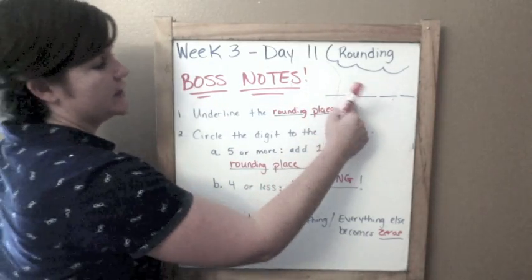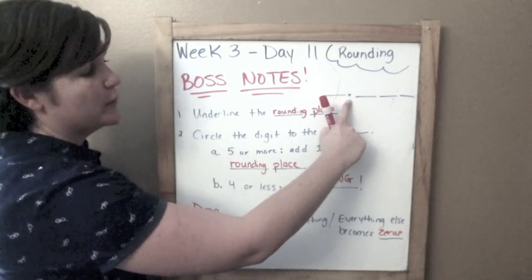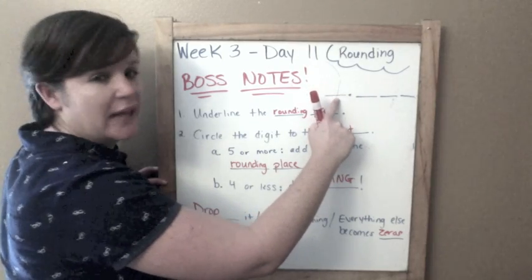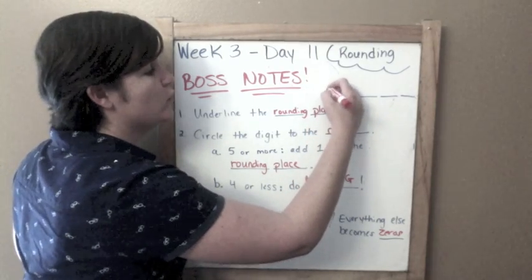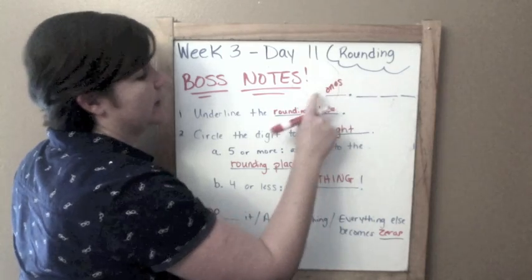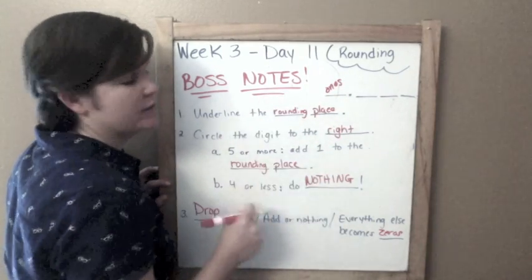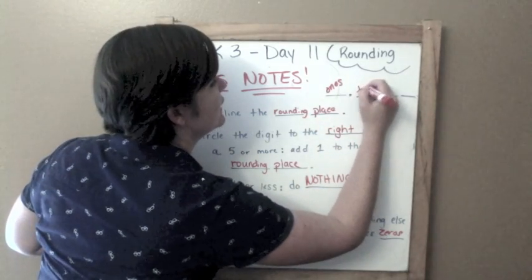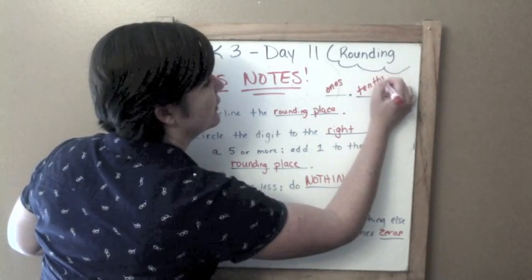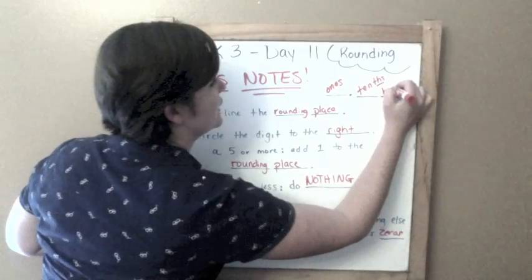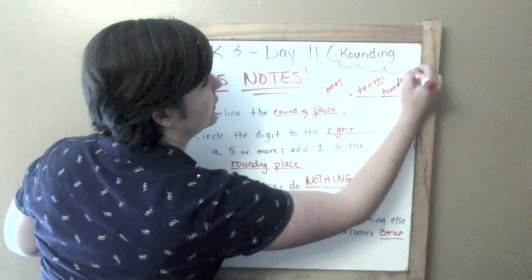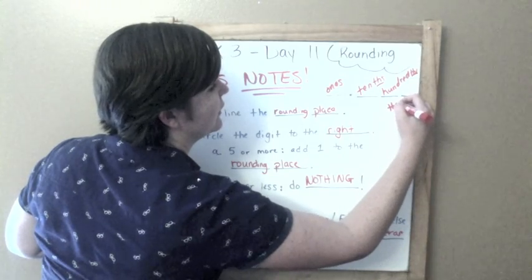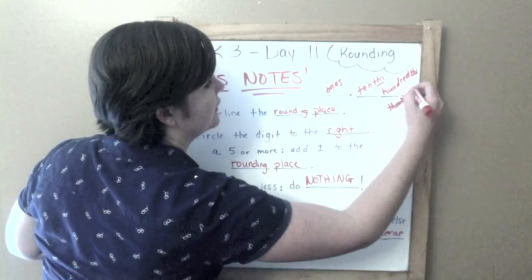So here is our decimal. You may have worked a little bit with decimals in 4th grade. The digit to the left of the decimal is the ones place. Then there would be the tens, hundreds, thousands, and so on. When you go to the right, we have the tenths, the hundredths, and the thousandths.